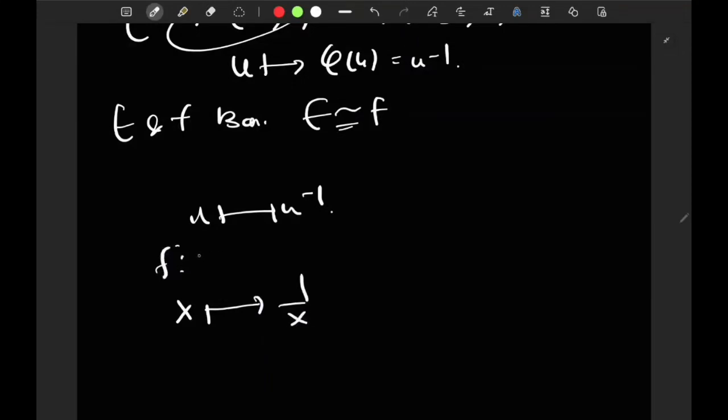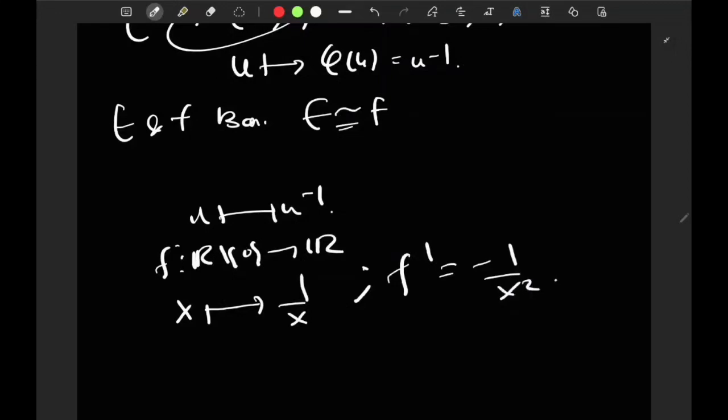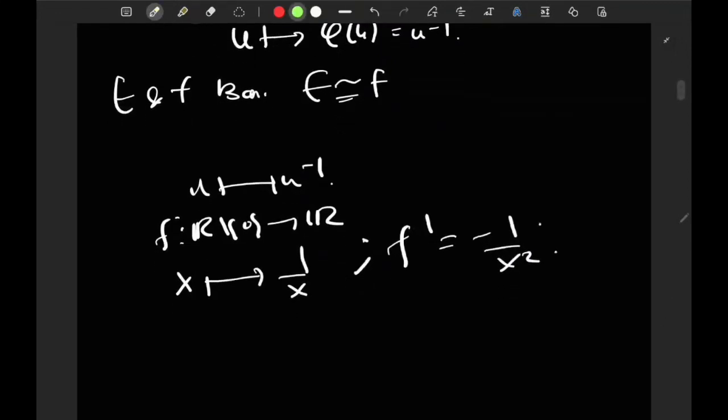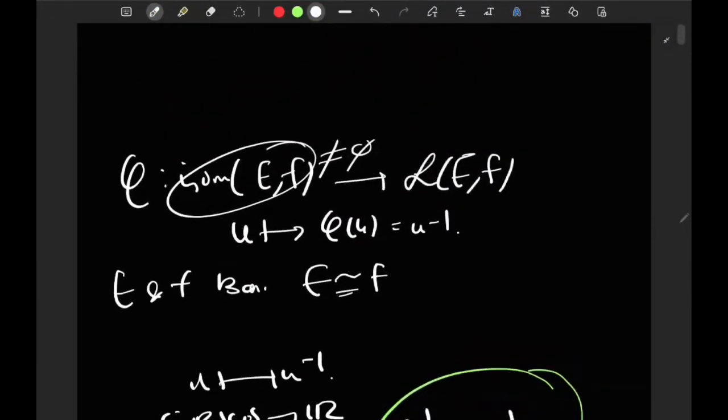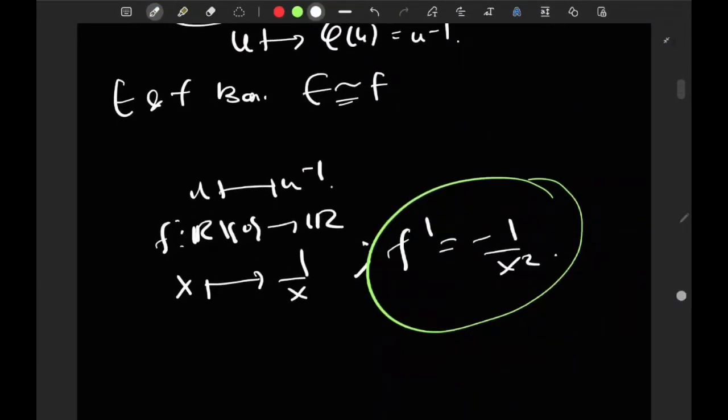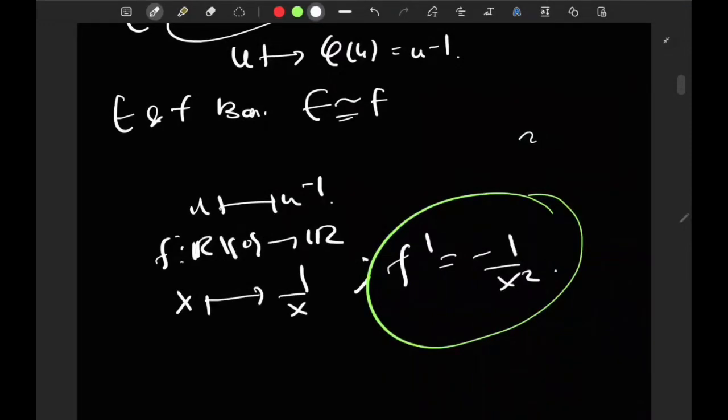This function which is going from r minus 0 into r. Okay, this function is differentiable wherever there is no trouble, of course. Yeah, right. I mean, on its domain, which is r minus 0. Its derivative is given by minus 1 over x squared, and we expect something like this to happen inside. Or for the map phi, which we were just talking about, we expect that its derivative looks something like this.